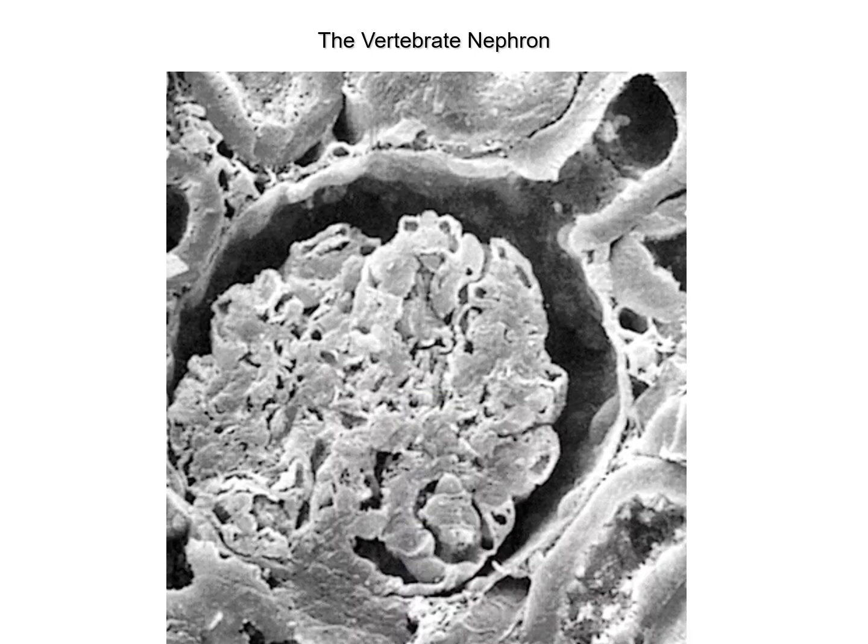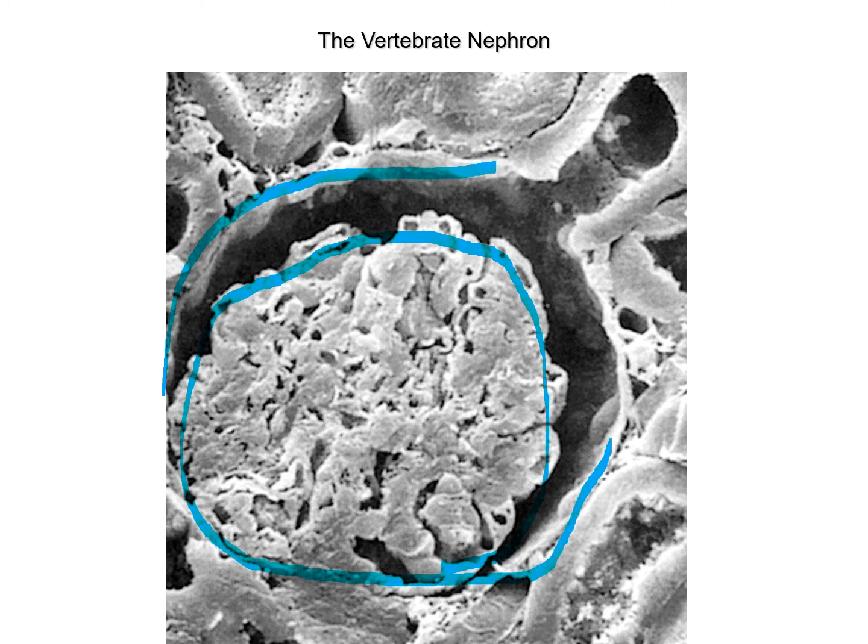And here you see a single glomerulus inside a glomerular capsule or Bowman's capsule. And remember, the glomerular capsule or Bowman's capsule is the beginning of the tubular system, and there you see the very beginning of the proximal convoluted tubule.